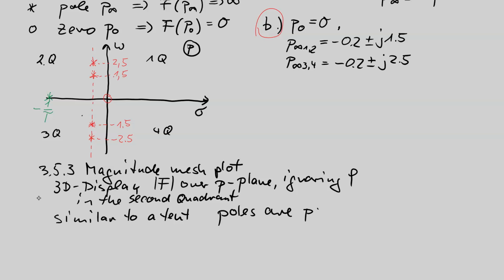Poles are poles of the tent. Zeros are pegs. Yeah? A peg, in German Hering, puts the tent to the floor, to the ground.